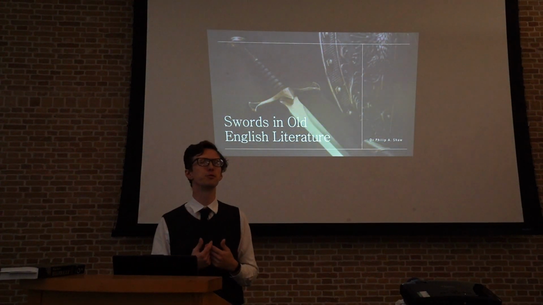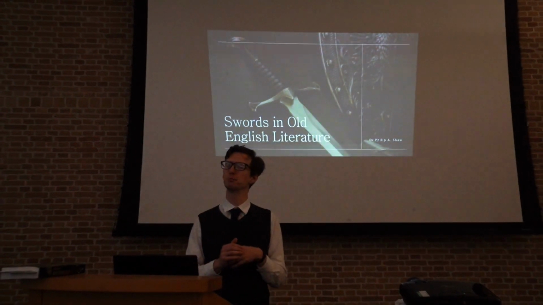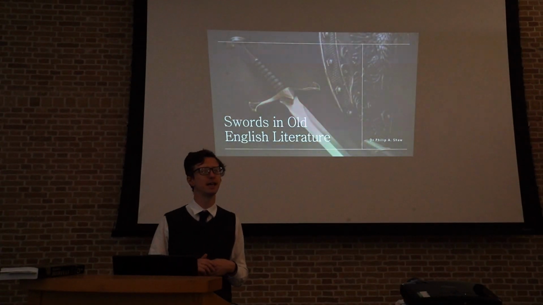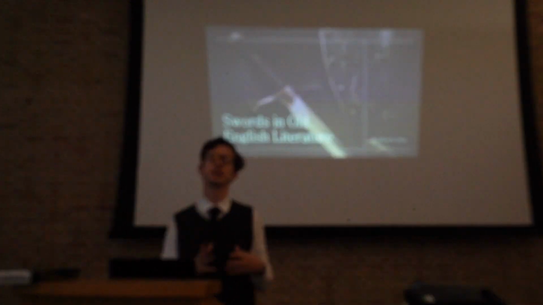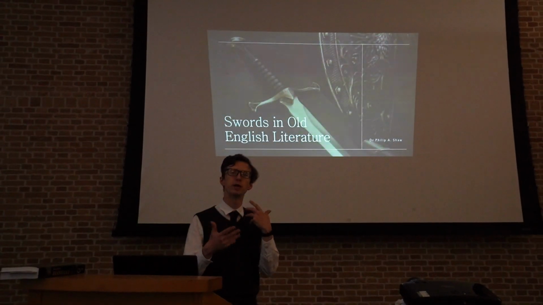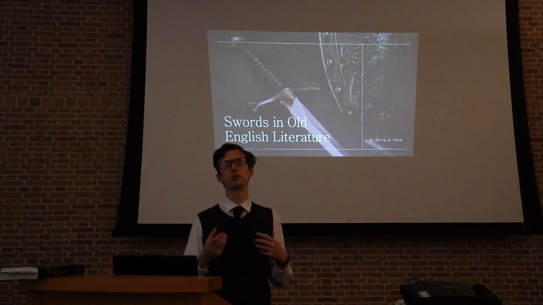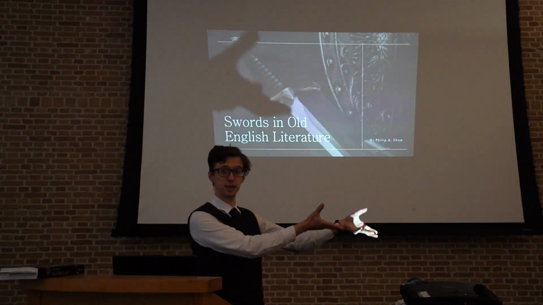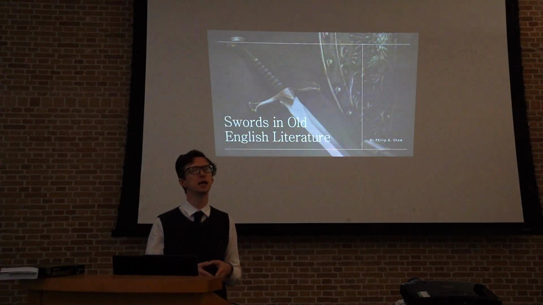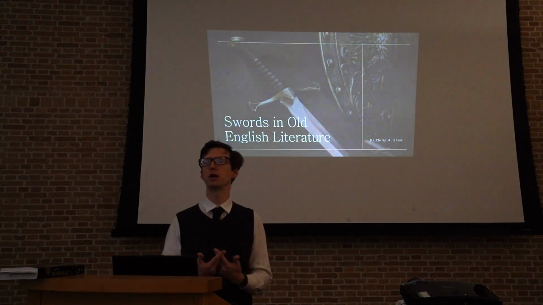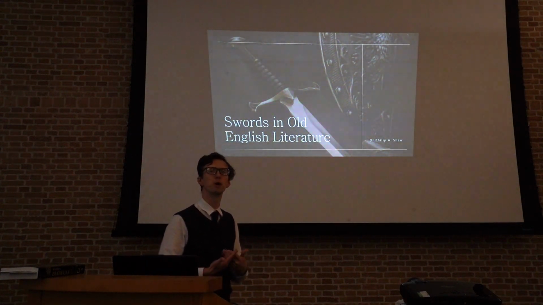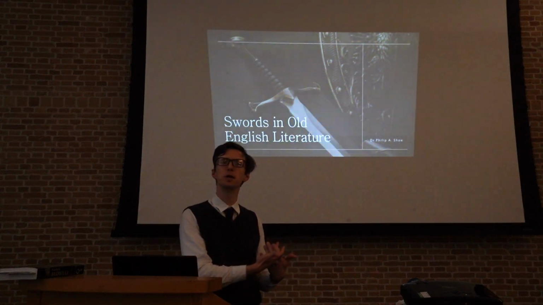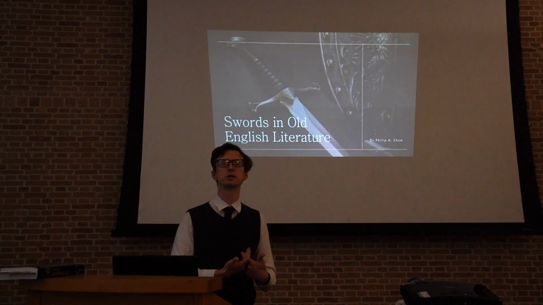And part of what's an interesting puzzle, and one of the ways in which I'm going to tell you lots of things that I think are interesting, but perhaps without any obvious conclusion at the end, is that we're constantly engaged in an interesting process of dialogue between the things that we find, the things that we dig up, which allow us to make replicas like this, and the words that are left behind to us in Old English literature by people who knew these objects and used them, but who weren't really writing in order to explain them.